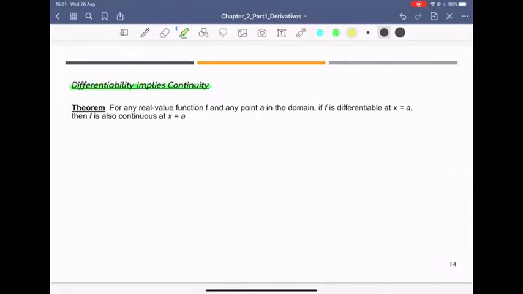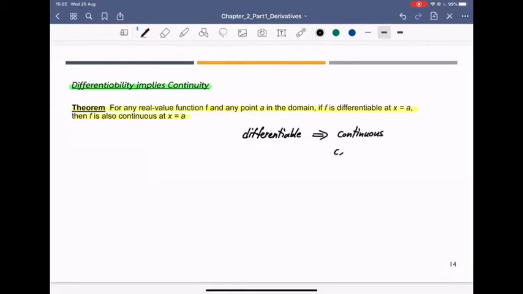So we have a theorem that says for any real-valued function f and any point a in the domain, if our function f is differentiable at x equal to a, then the function is continuous at x equal to a. So just keep in mind that differentiable implies continuous.